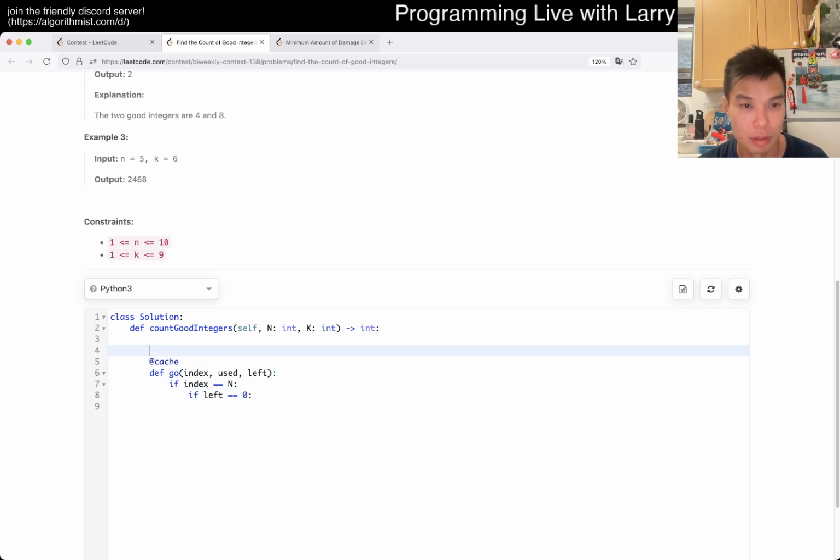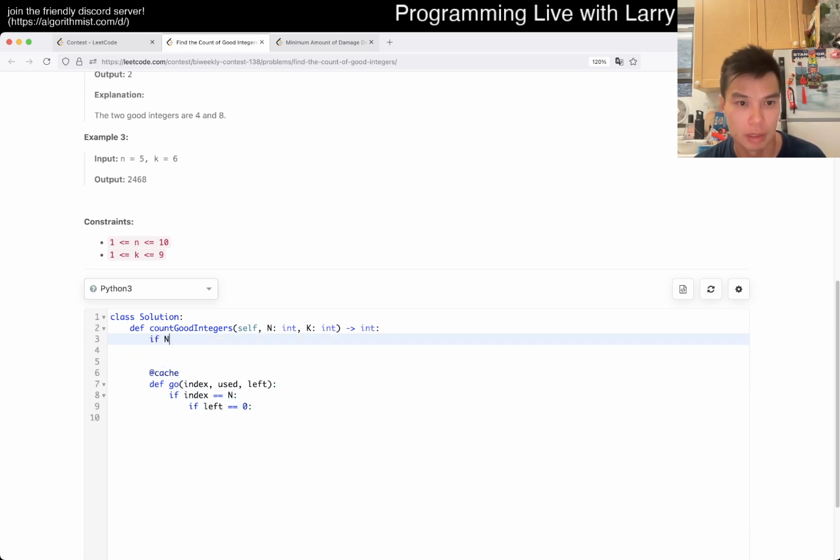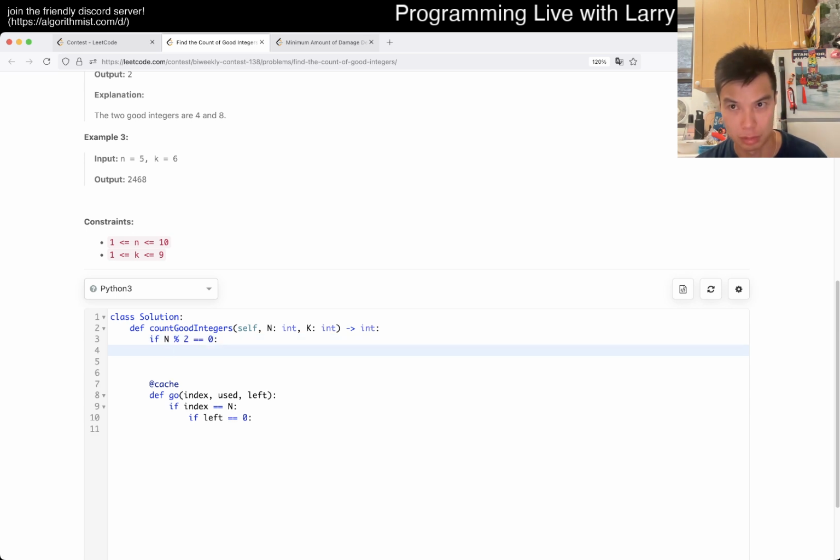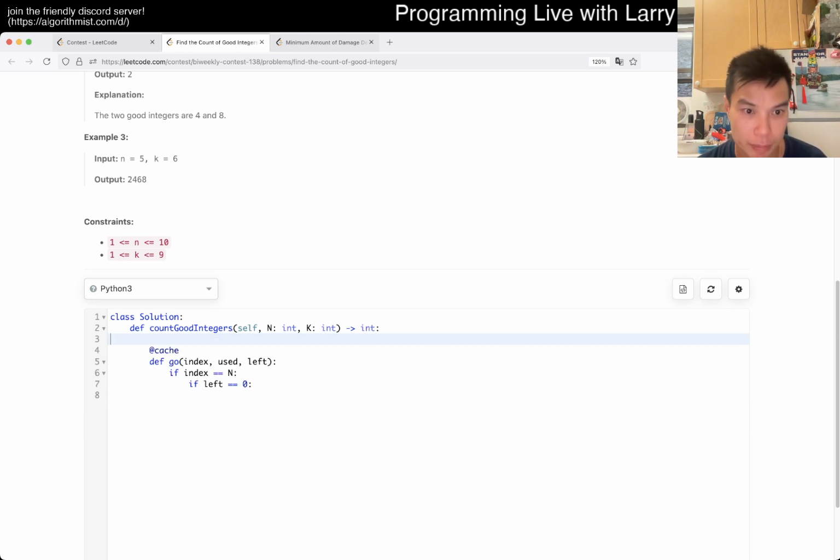Okay. If n mod 2 is equal to... how do I do a bit count? Oh, it's a power of 2. Okay, so we could do that. And so left is equal to 0.